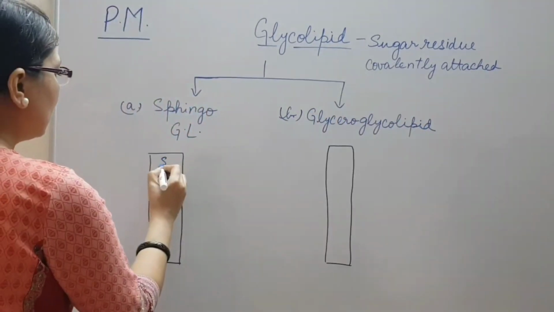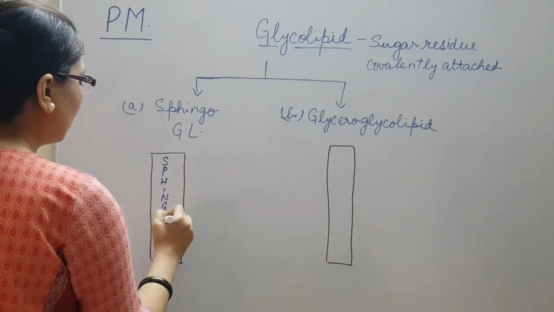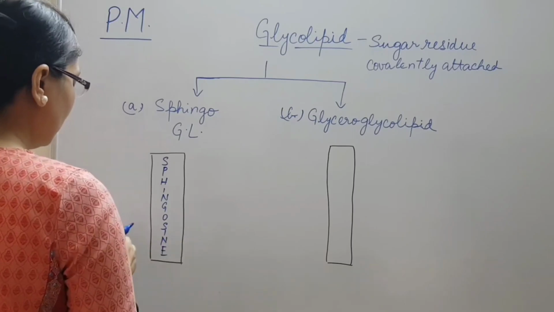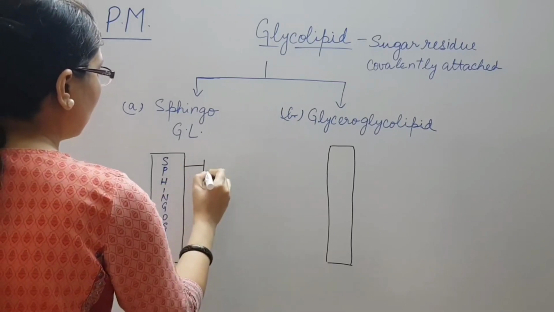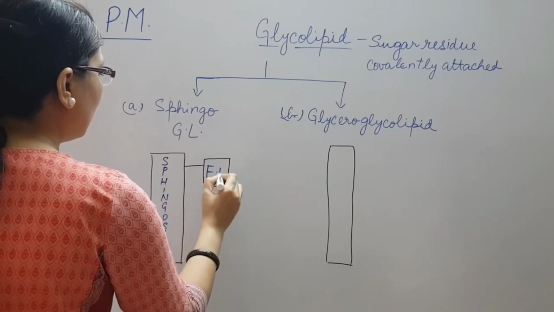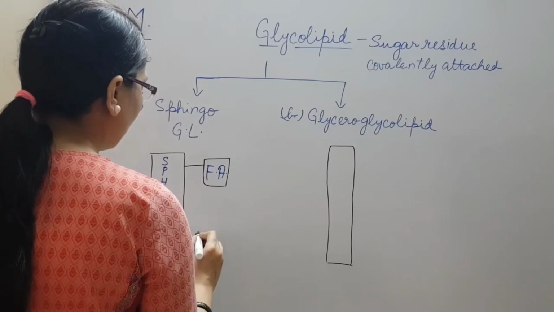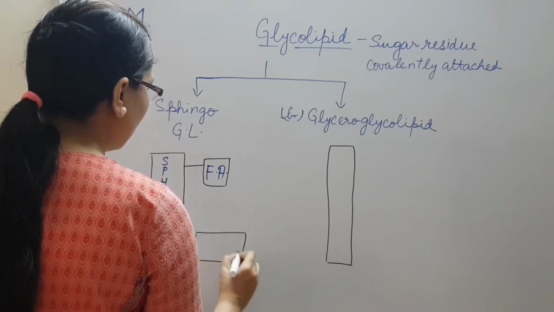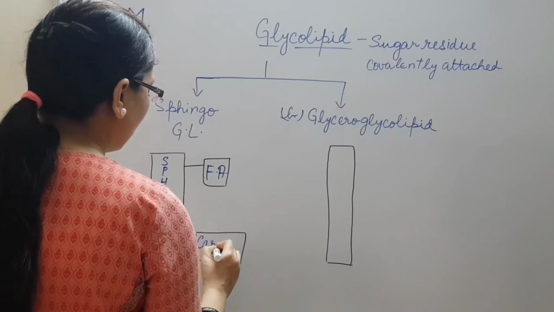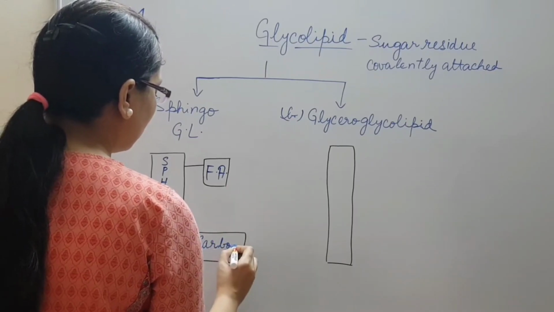So the structure is sphingosine, which has one fatty acid chain, and carbohydrate is covalently attached.